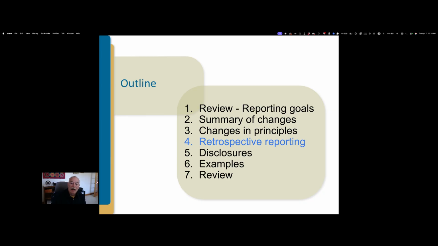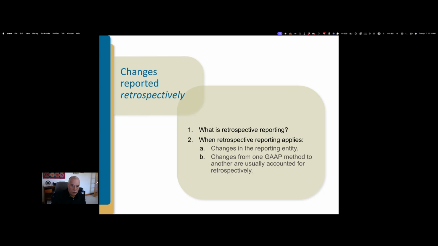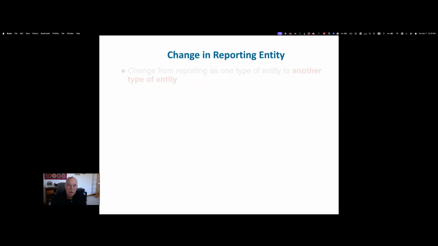So now let's talk about how retrospective reporting works. First we're going to talk about what retrospective reporting is, and then when it applies. It applies when there are changes in the reporting entity and when there are changes from one GAAP method to another.